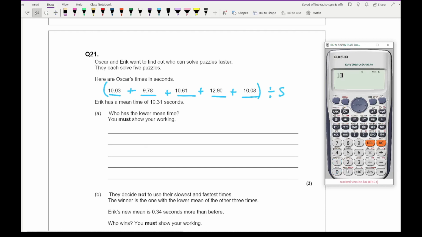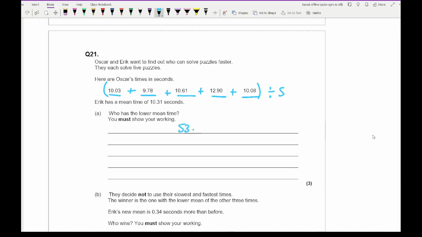So here I've got 10.03 plus 9.78 plus 10.61 plus 12.9 plus 10.08 and press equals, and that comes up to a total sum of 553.4.